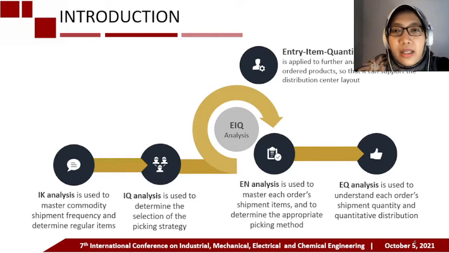And the other method is entry item quantity analysis. This method is applied to further analyze frequently ordered products so that it can support the distribution center layout. We use four indicators in entry item quantity analysis, such as IK analysis, IQ analysis, EN analysis, and EQ analysis.